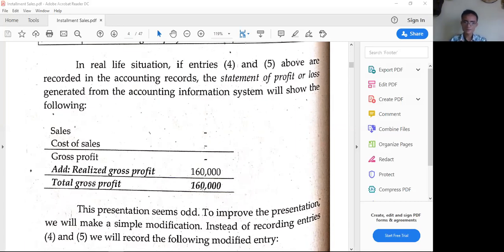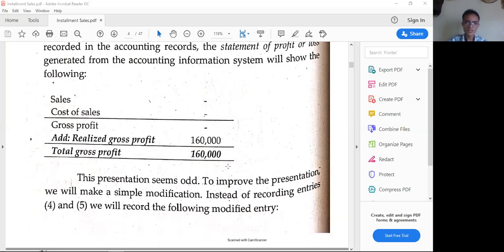So if this is the situation, the company is having 3 types of sales: account or credit, that's the same, then we also have the cash, then you also have installment. So meaning this is going to be the section of computation of gross profit for regular sales, and this is going to be the section for the realized gross profit coming from installment sales.